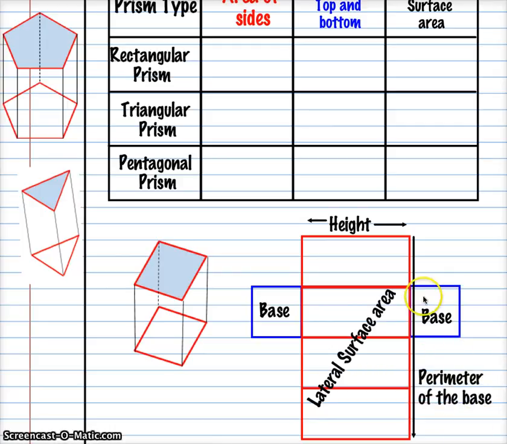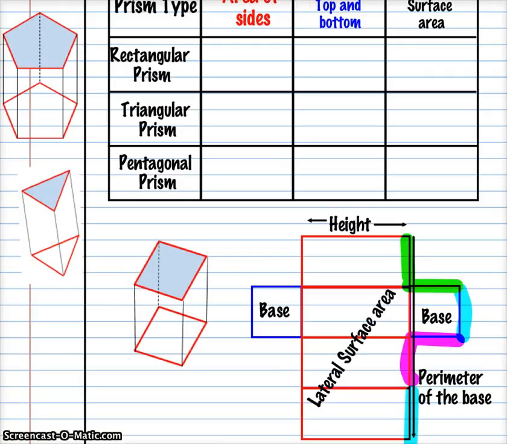What that means is, going around this blue space, if I went all the way around, it would match this length here. I'll show you what that looks like. If this side matched up with this side, this top side would match up with this side over here, and this left side would match up with this one.